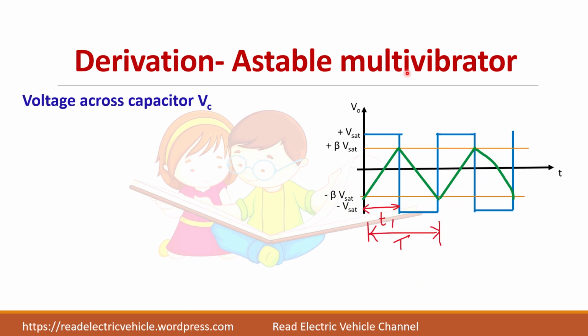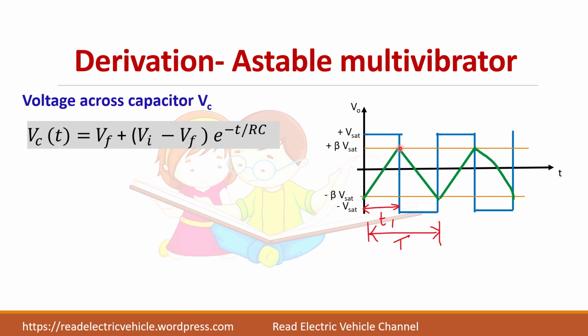Now let us derive it. Derive the voltage expression for the voltage across the capacitor, Vc. This voltage equation is given by Vc equal to Vf plus (Vi minus Vf) into e power minus t by RC. RC is the time constant, so R and C we have taken there.